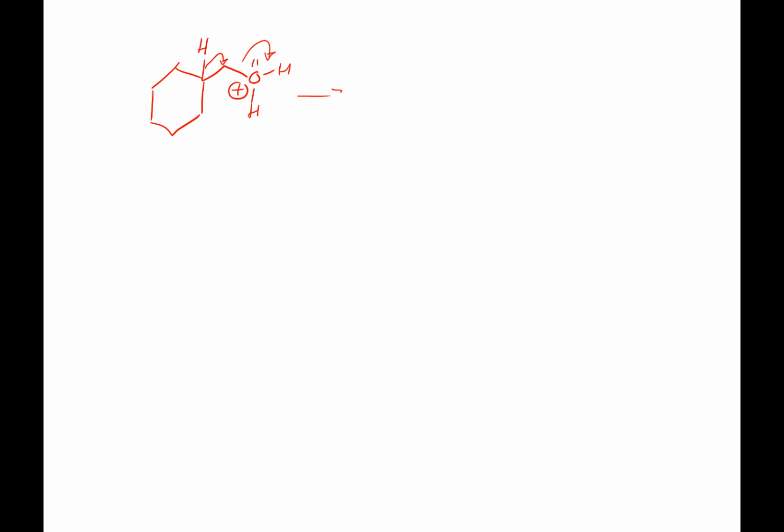Once we get that hydride shift or carbocation rearrangement, once the hydride moves and the water leaves, we would end up with the hydrogen on the primary carbon and the tertiary carbocation. And then your chloride would come in and add to that.